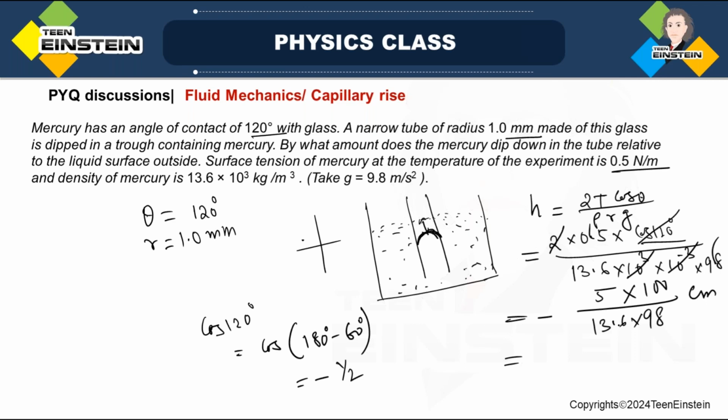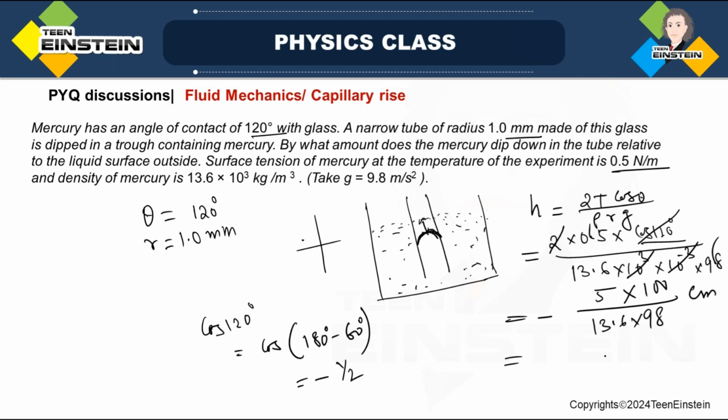But better to not do that much crude approximation. Let me calculate it. Now 500 divided by 13.6 into 9.8.